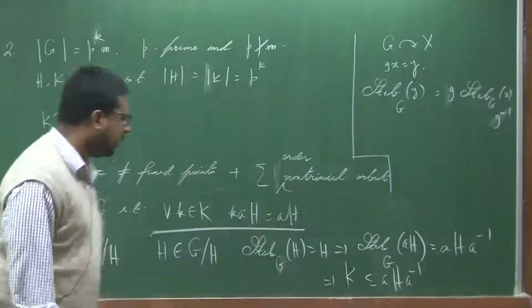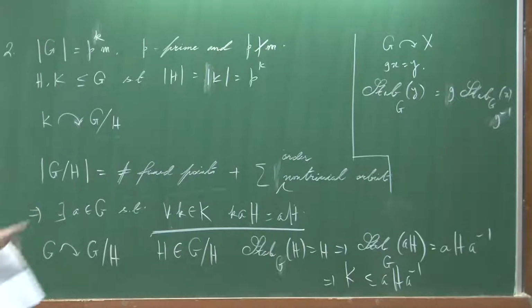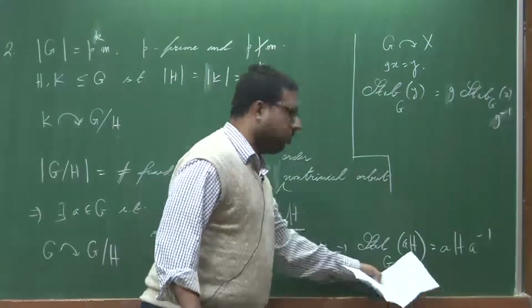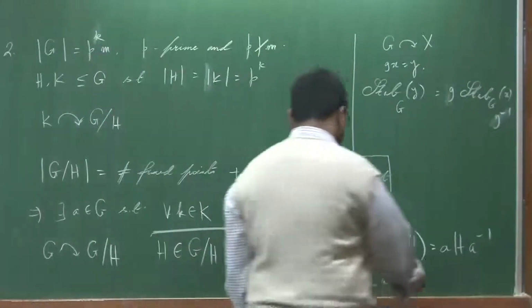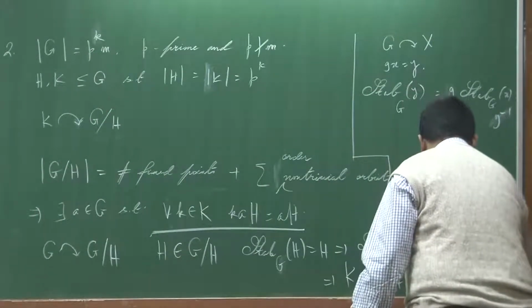H and its conjugate have the same order p to the power k, K also has the same order, therefore, we obtain the equality.